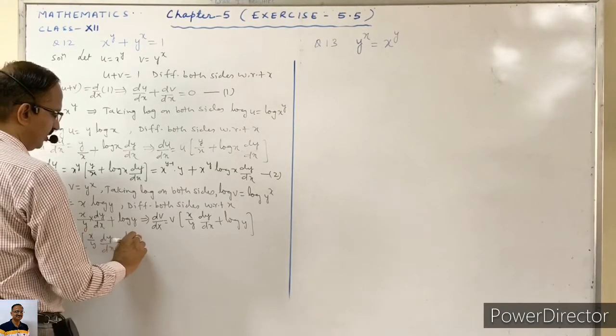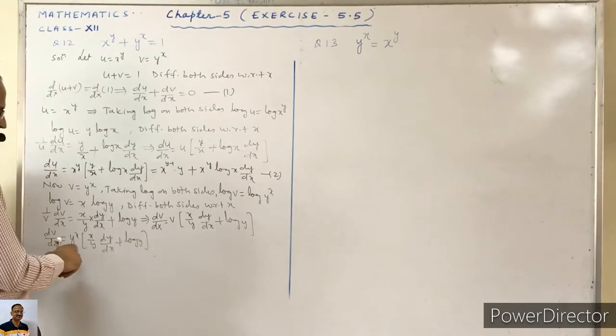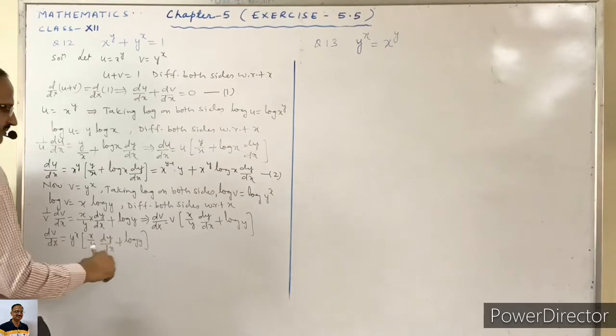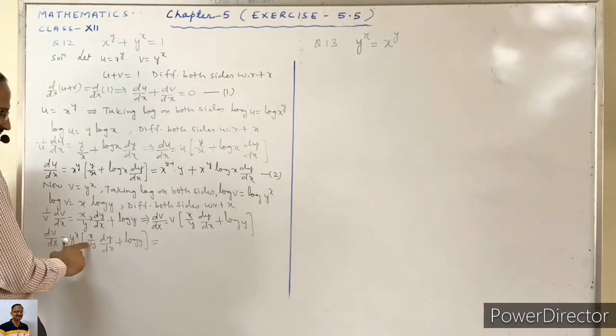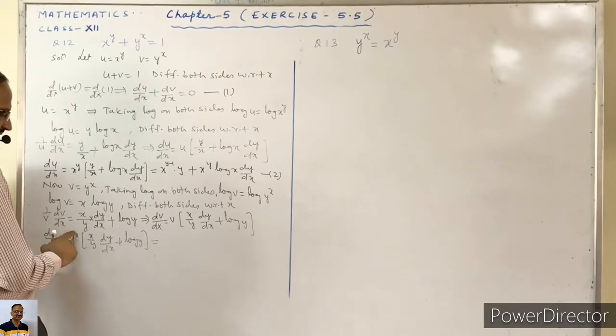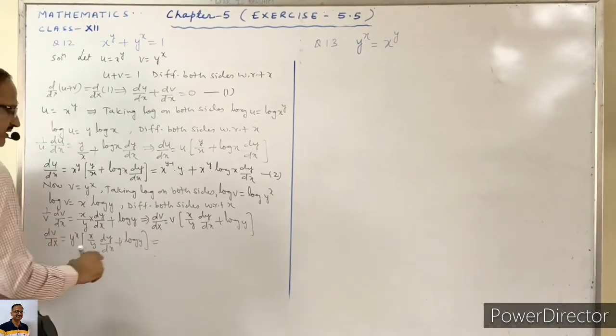When we multiply this y by x with both the terms, then we will get for this first term y raised to power x, and here y raised to power 1. These two are having same base and they are in division, so the powers are subtracted.